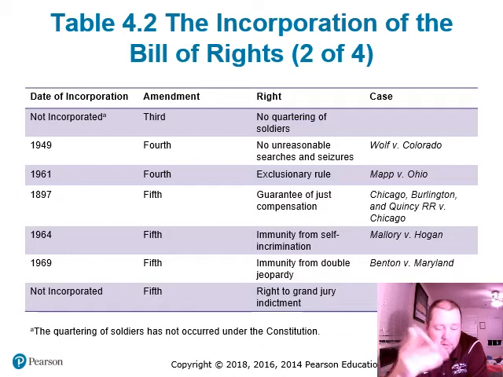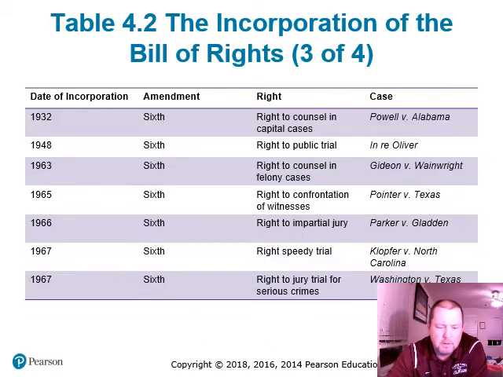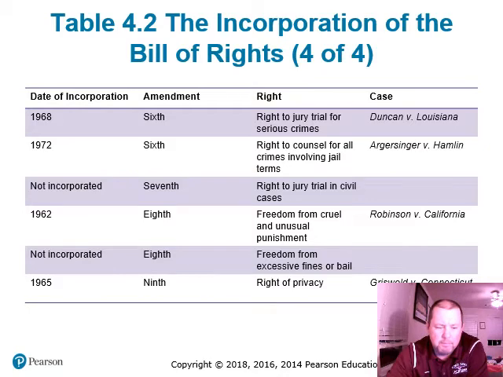Again, the third, obviously not incorporated. Fifth has not been incorporated, although states do it anyways. Most of these are not cases that you would need to know anyway. But it is important for you to understand these general concepts.